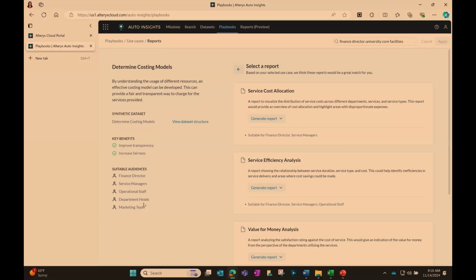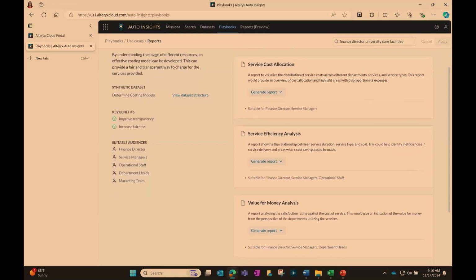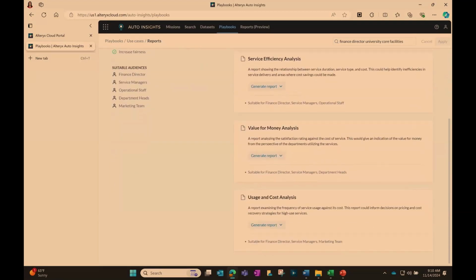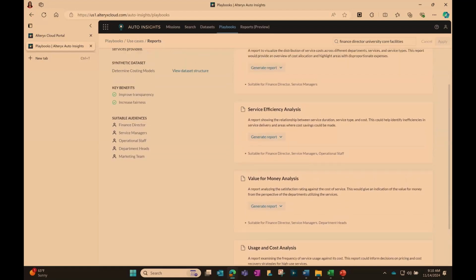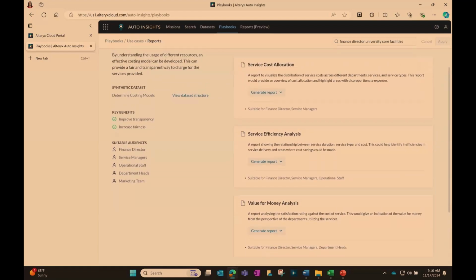So let's look, Rebecca, we've got several reports here. We've got service cost allocation, service efficiency analysis, value for money analysis, and usage and cost analysis. Which one do we want to build? Okay, service cost allocation.